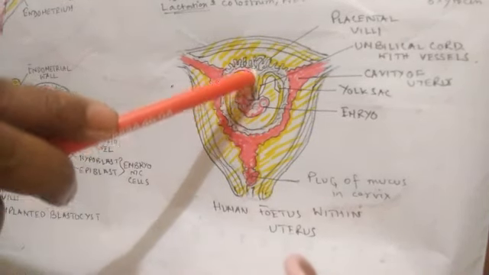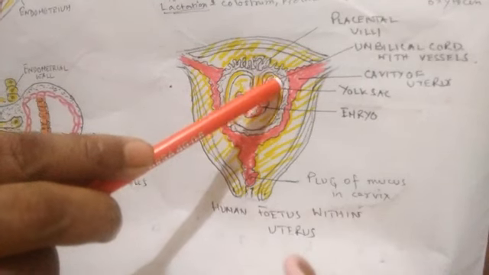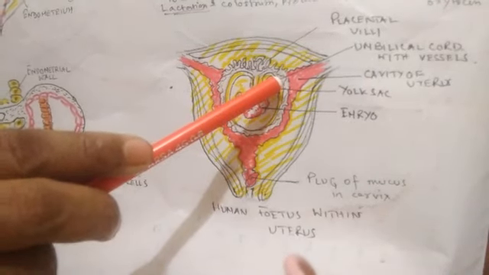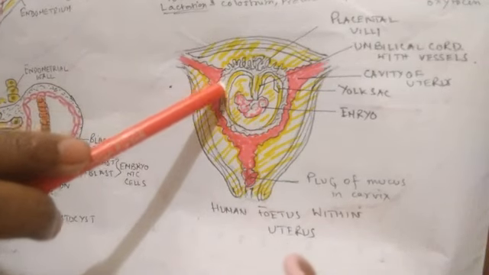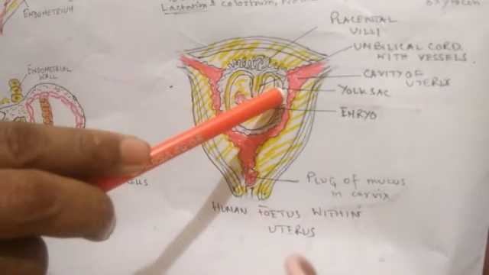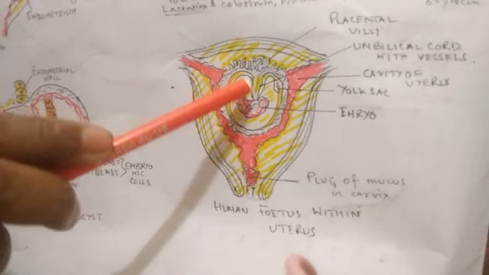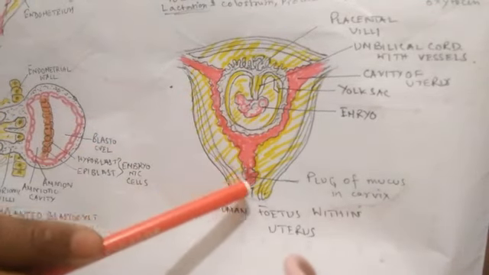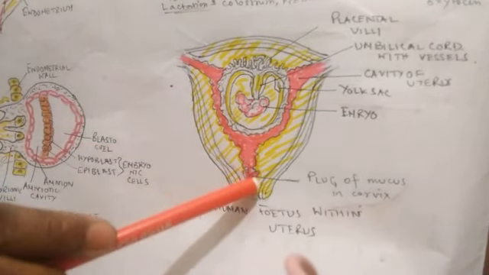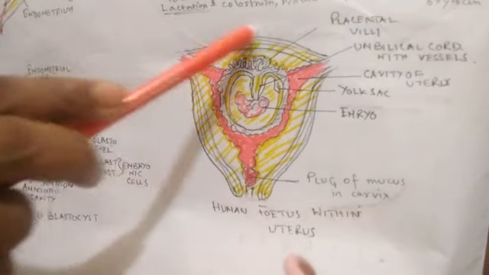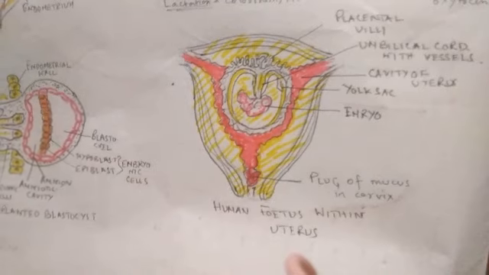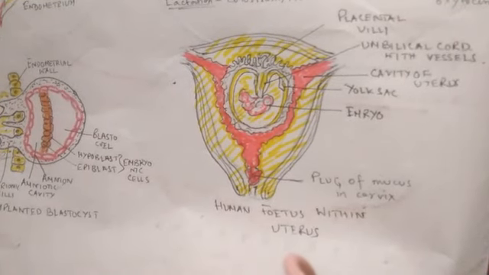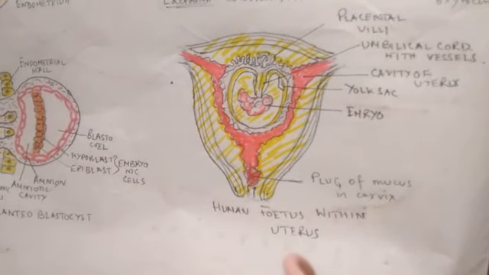Here we will find the allantois. Here is the yolk sac, which is very insignificant in humans, clear? And this is the amniotic fluid, this is the amnion, and this is the cervix, with a plug in the cervix. So this is about the whole uterus of a pregnant mother with a more or less fully developed fetus.